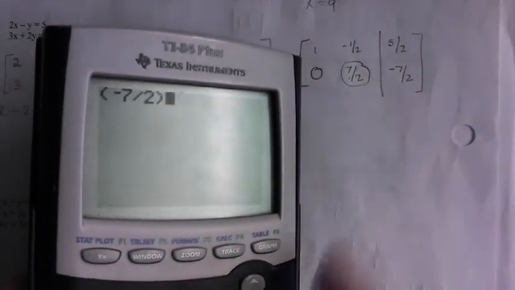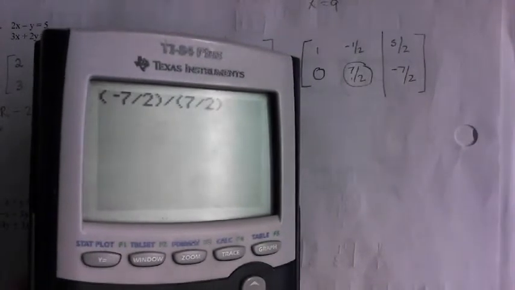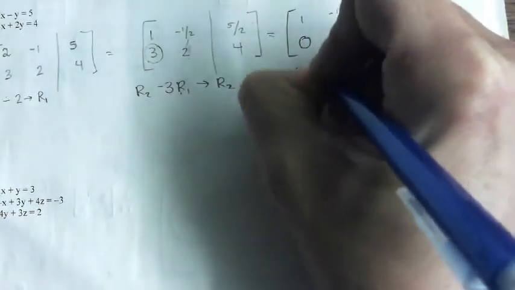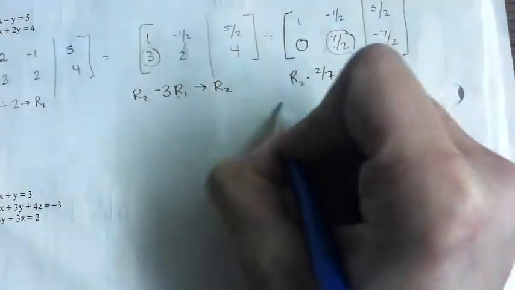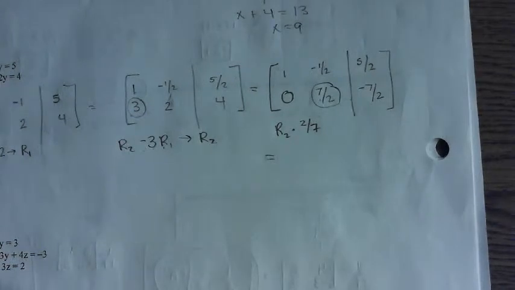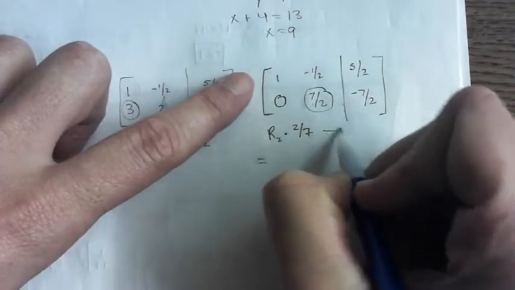Negative 7/2 divided by 7/2. Now you'd get the right answer. Negative 1. So I'm going to take row 2 and multiply by 2/7, because somebody told me never to divide by a fraction, to always multiply by the reciprocal, so I've just done it that way. And that's going to replace your row 2.